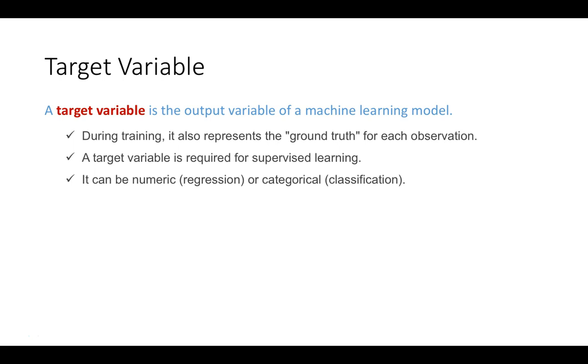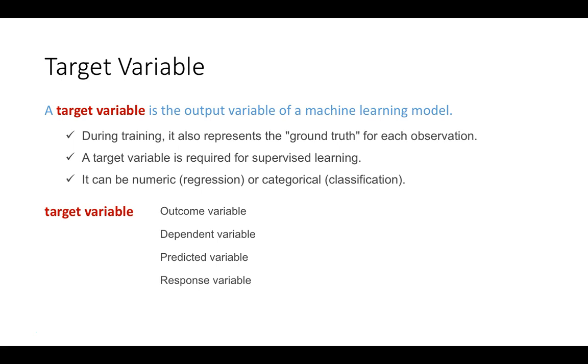It can be a numeric variable, or it can be a categorical variable. Let us also focus on defining the target variable. It's sometimes also called outcome variable, dependent variable, predicted variable, response variable, class in a classification kind of problem, and sometimes it is simply called label.